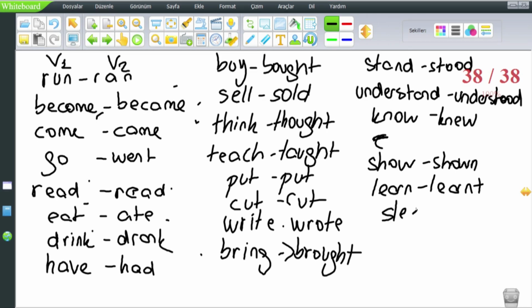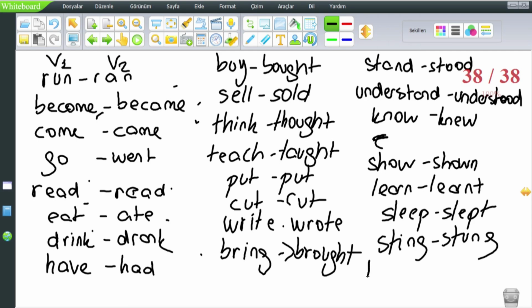Sleep, slept. Sting, stung. Build, built. These are the most common ones.